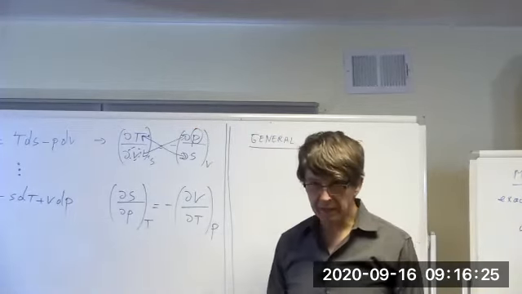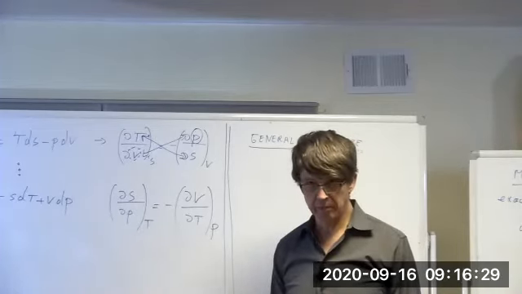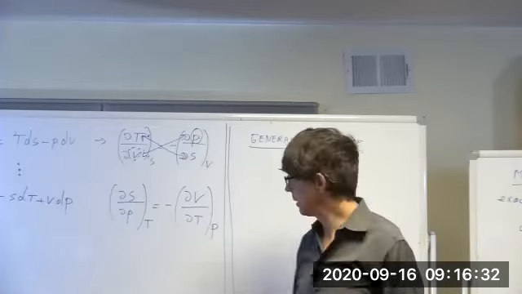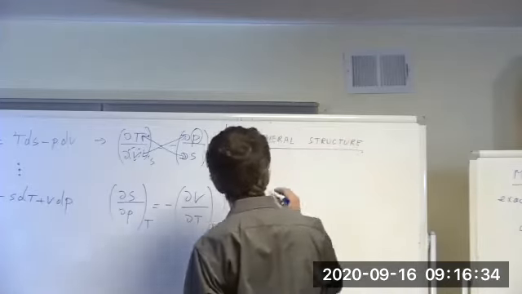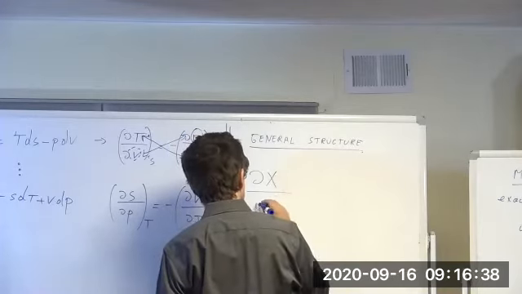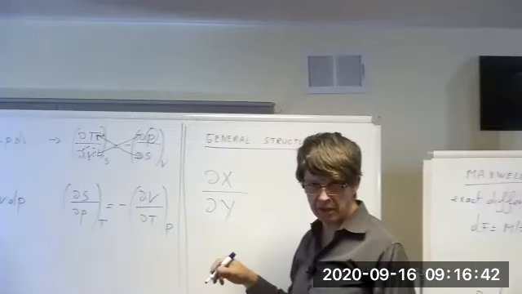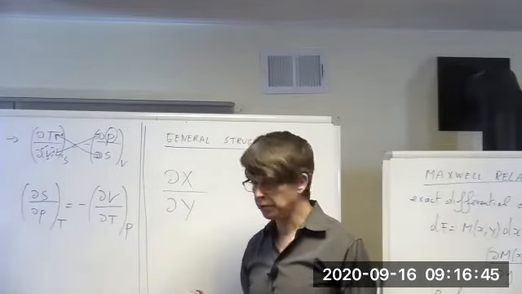And if you think about it, that comes from the fact that these are taken from thermodynamic potentials. But the general structure is that you take a partial derivative, dx/dy. I just write x and y here. X and y are now not in a conjugate relation.